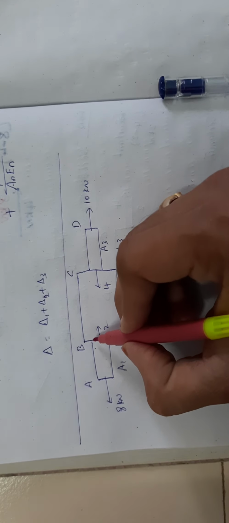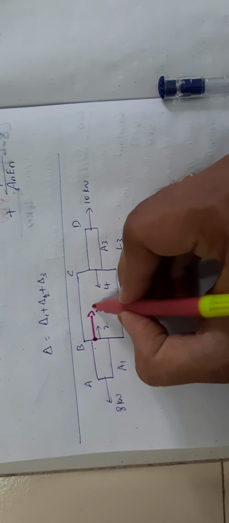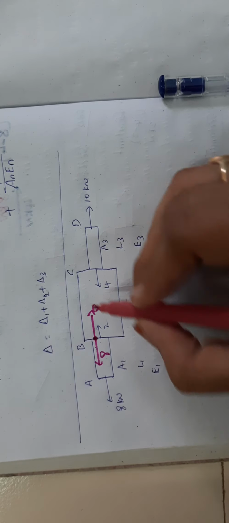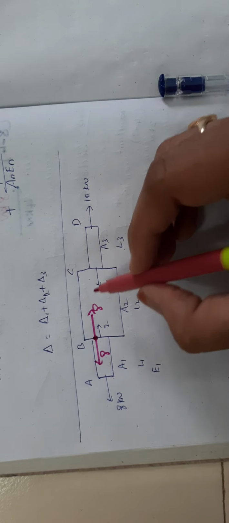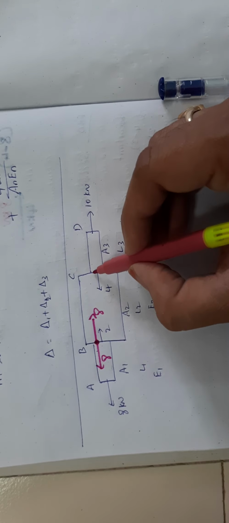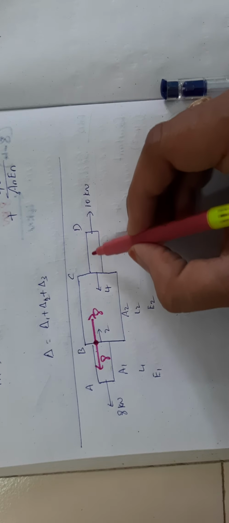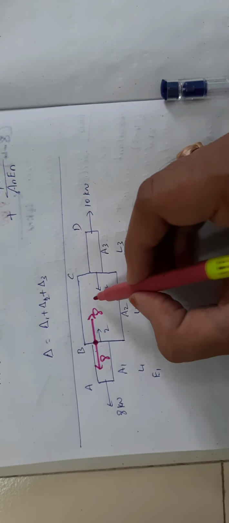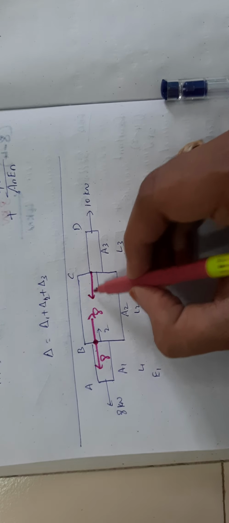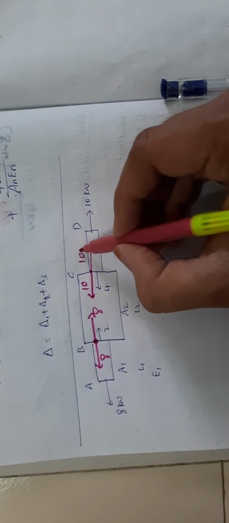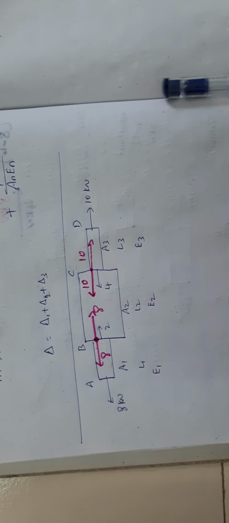You just add 8 kilonewtons here and subtract 8 kilonewtons here, using a pencil. Now here there is 10 kilonewtons on this side, so obviously 10 kilonewtons will be there when you draw the third section individually. So you add 10 kilonewtons this side and subtract 10 kilonewtons this side. Draw it with a pencil.